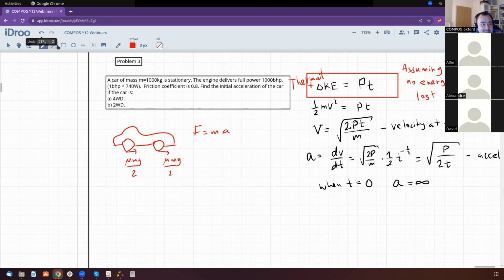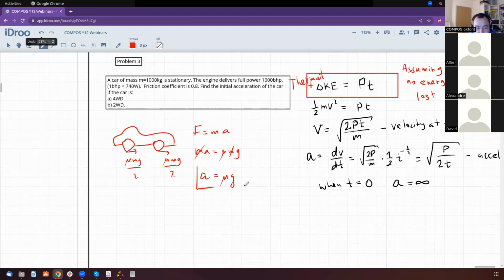So therefore, acceleration is, well, yeah, I'll leave it. Mu mg over 2. So ma is equal to mu mg. Therefore, mass cancels, and acceleration is mu g.